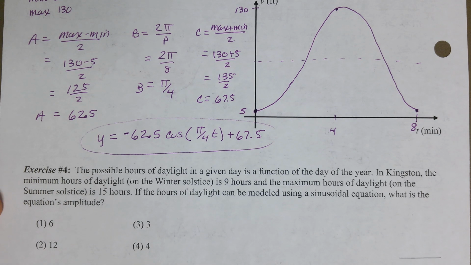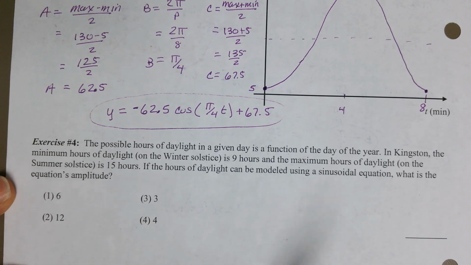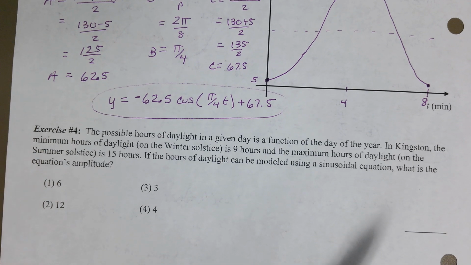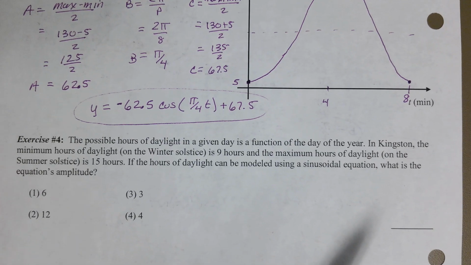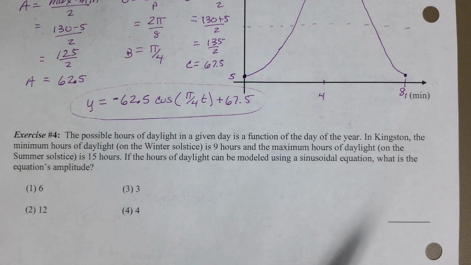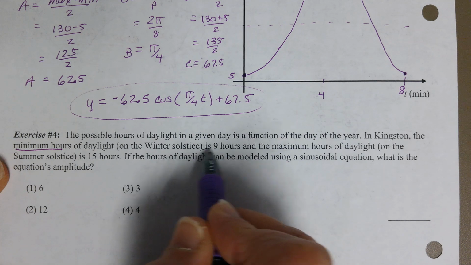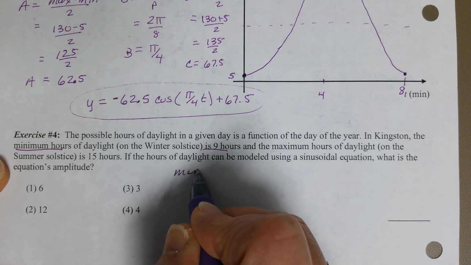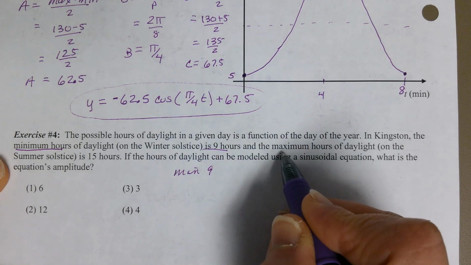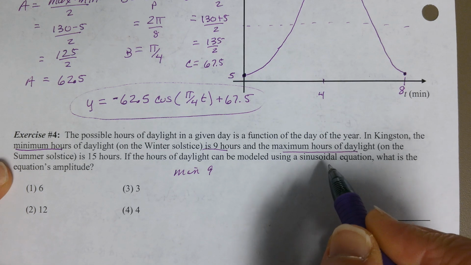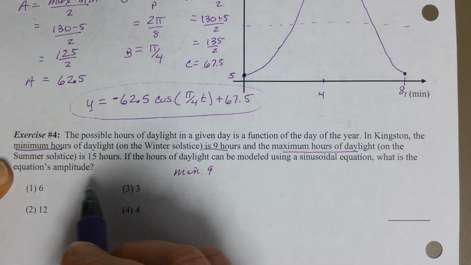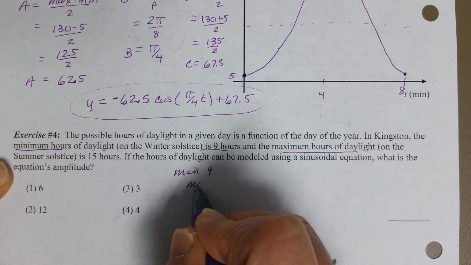And our last exercise, the possible hours of daylight in a given day is a function of the day of the year. The minimum hours of daylight on the winter solstice is 9 hours. So we have a min of 9. And the maximum hours of daylight on the summer solstice is 15 hours.